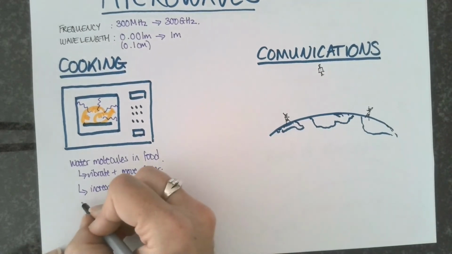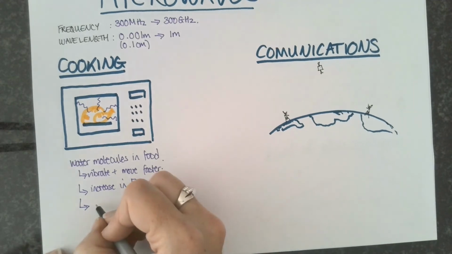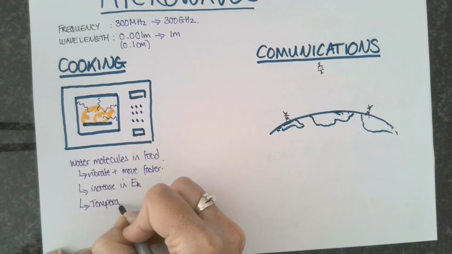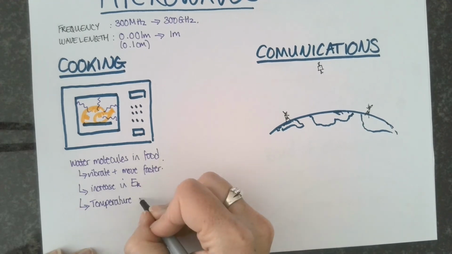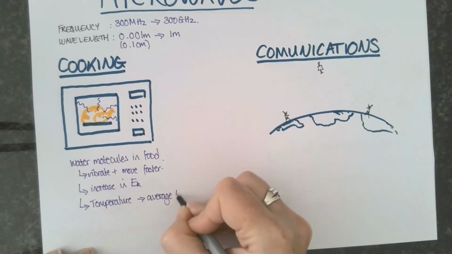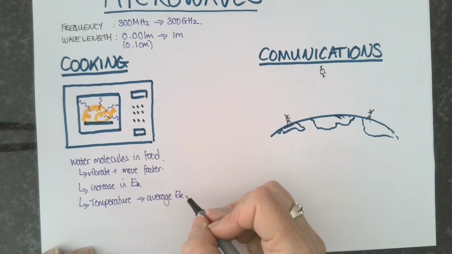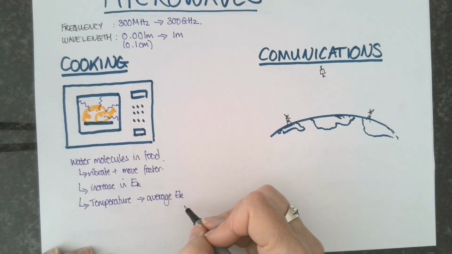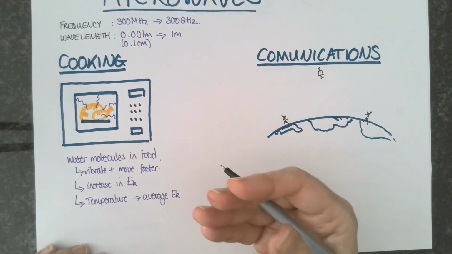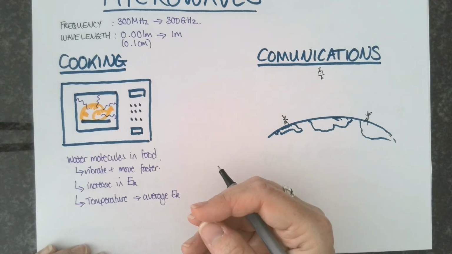And we know that if we're measuring temperature, temperature is a measure of the average kinetic energy. So if the kinetic energy of the molecules of water is increased, then the average temperature has increased, and therefore the food is getting hot and it will be cooking, those chemical reactions that will be taking place to cook the food. And that is how microwaves work.